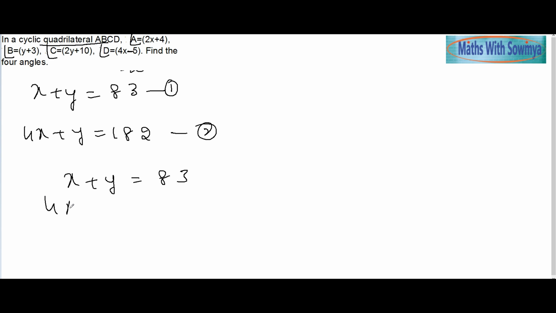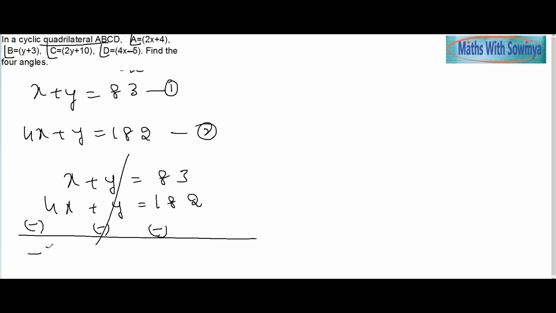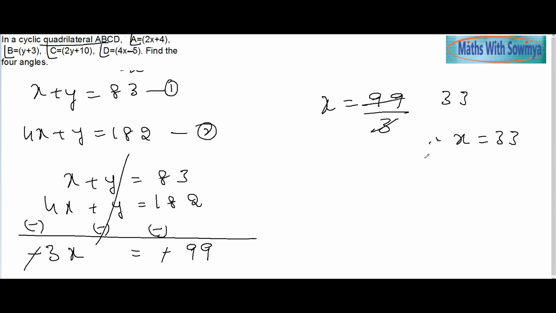You can say this is 4x plus y is equal to 182. Directly I can just subtract here. On subtraction y gets cancelled. So we are going to get minus 3x equals minus 99. Negative, negative goes. So x is 99 by 3, so 33. Therefore x is equal to 33.